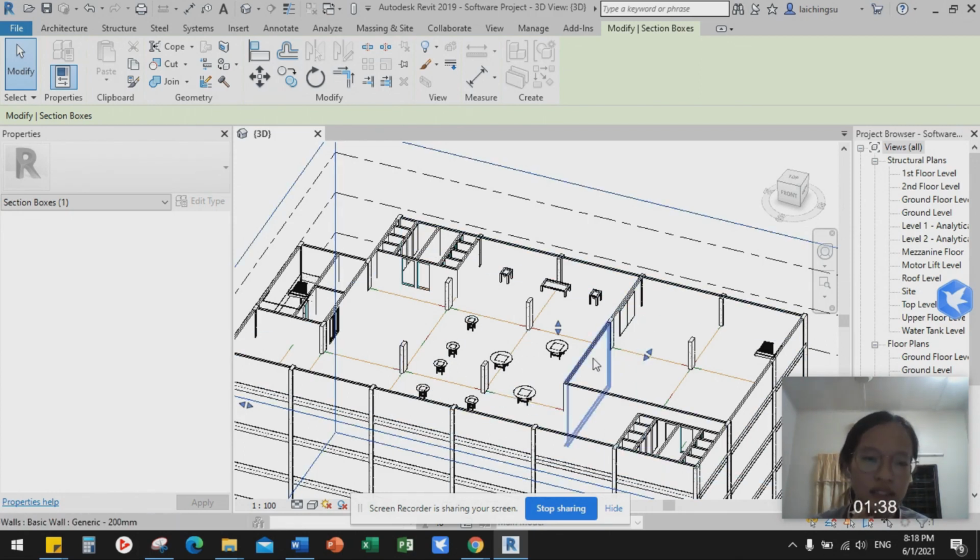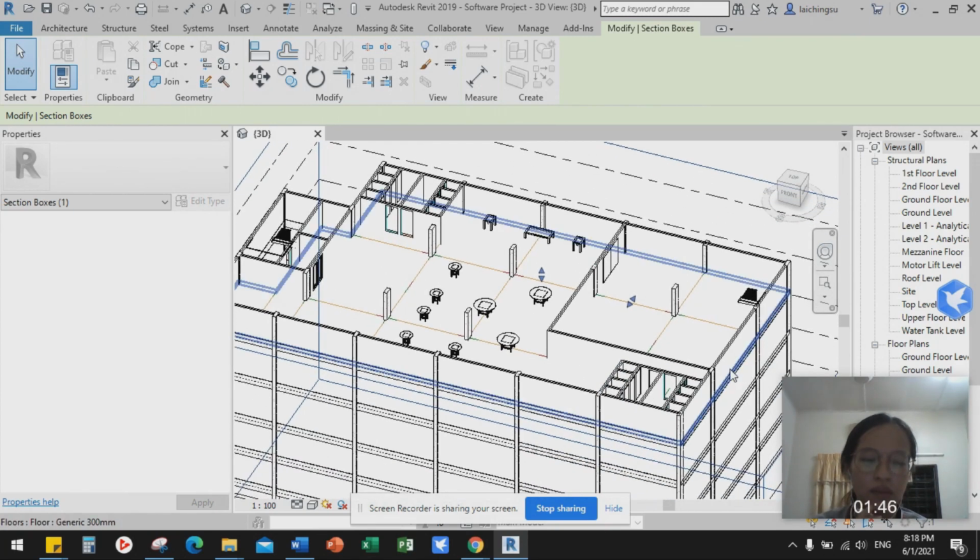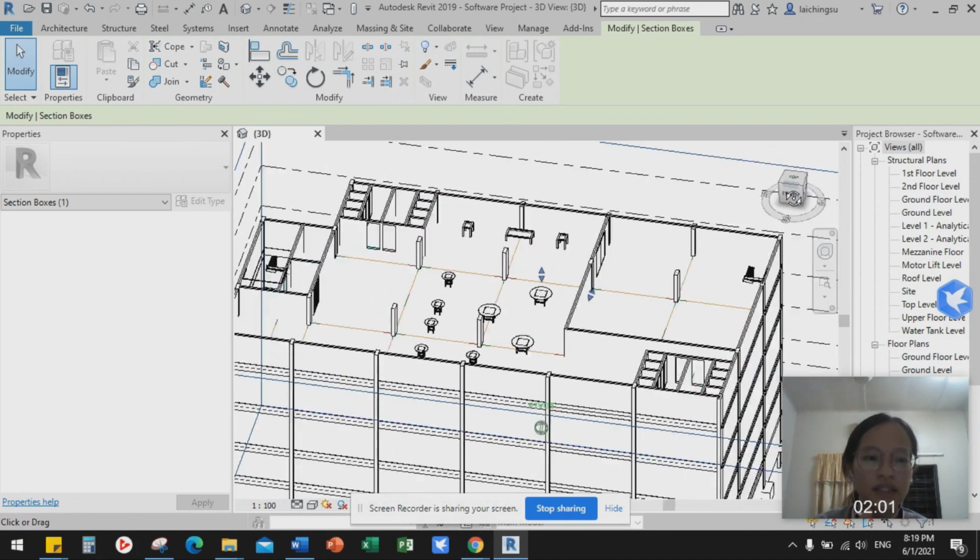Now we can see this is the kitchen. The kitchen is designed to be more spacious, because if the chef wants to serve more customers, he or she can have much place to prepare the food.